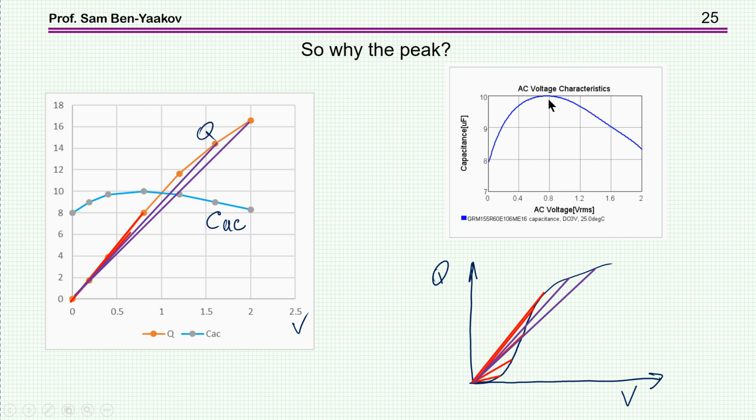So here it is. We got to sort of a maximum here, and then it starts to go down, and here we see it. So as we can see, the explanation of this curve is the fact that we have changing slopes, and as we change the amplitude, we are moving along this line.